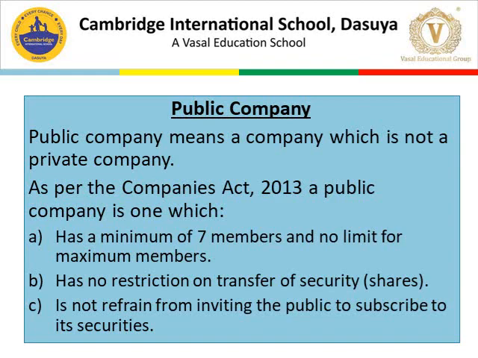As per the Companies Act 2013, a public company is one which A, has a minimum of 7 members and no limit of maximum members. It means when you are going to begin a public company, you require a minimum of 7 members, and for the maximum there is no limit. This is as per the Companies Act 2013.